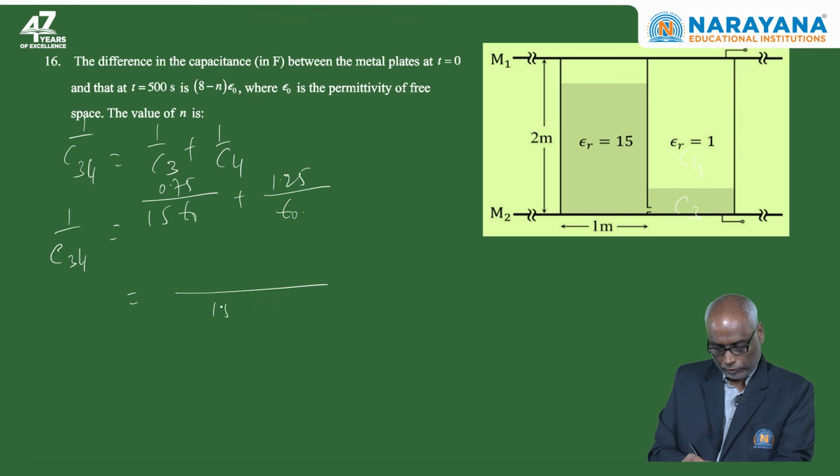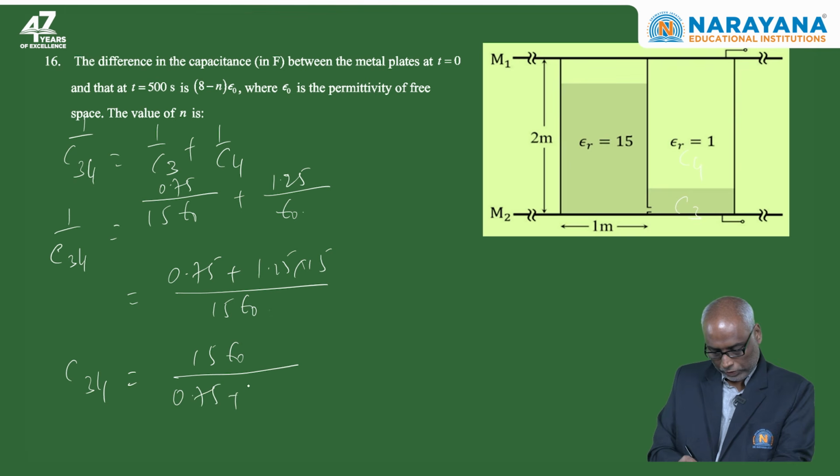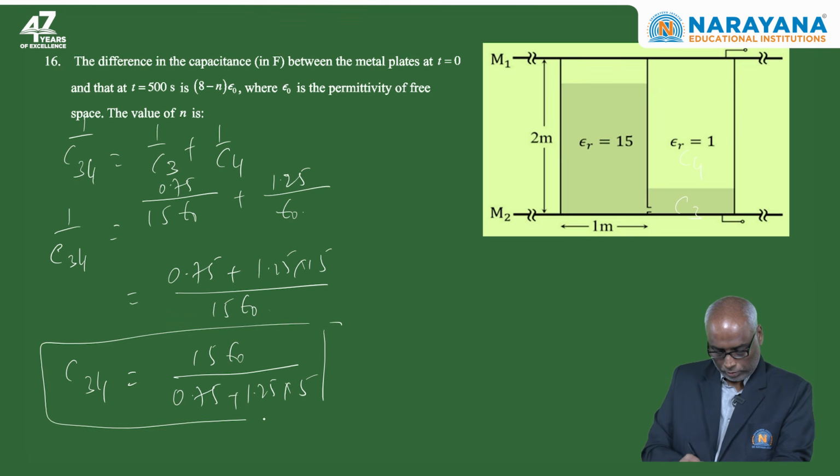Again here also 15 epsilon naught, so C34 equals 15 epsilon naught whole divided by (0.75 plus 1.25 into 15). This is C34.